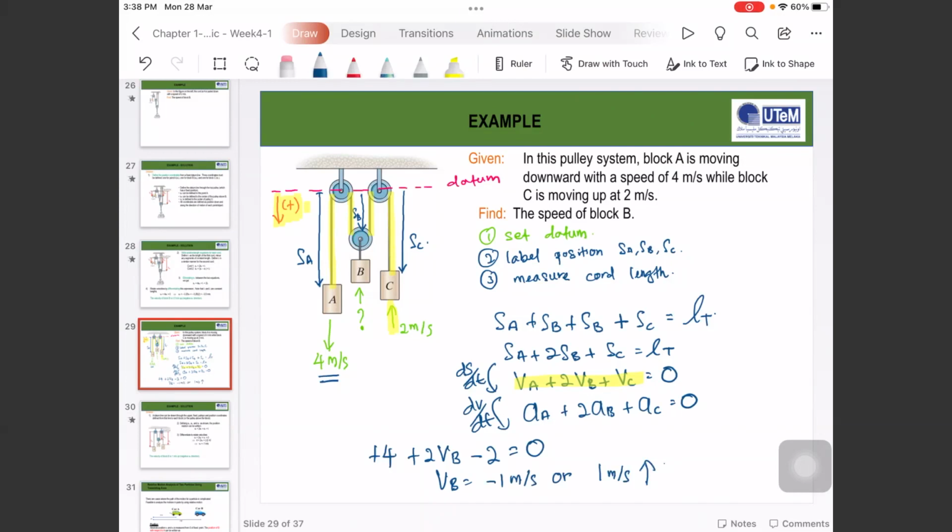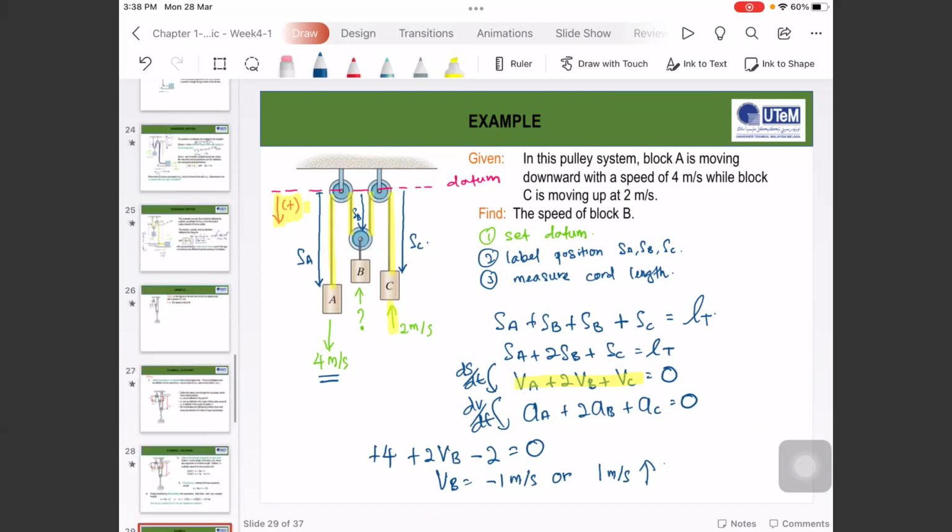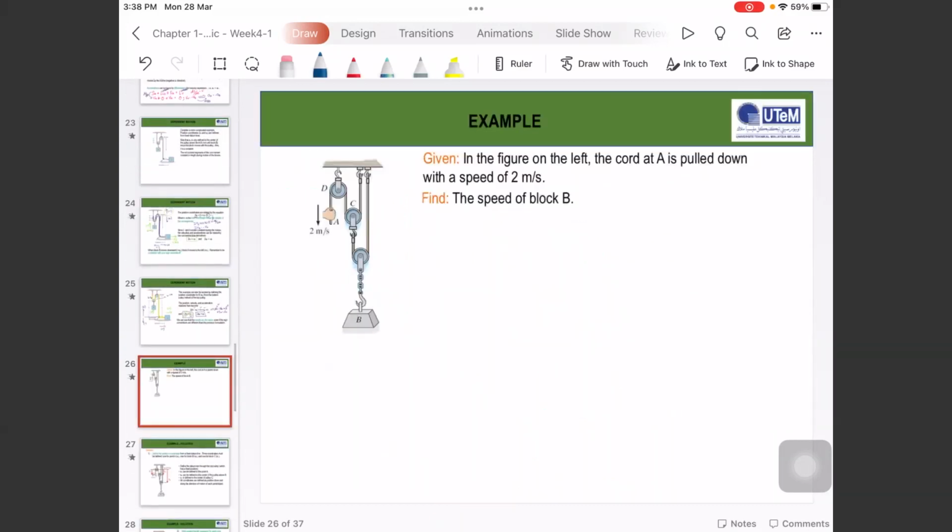Alright. Boleh? Boleh? Ke tak boleh? Kalau boleh, kita tengok contoh yang ada 2 tali. You have 2 rope. Ini.